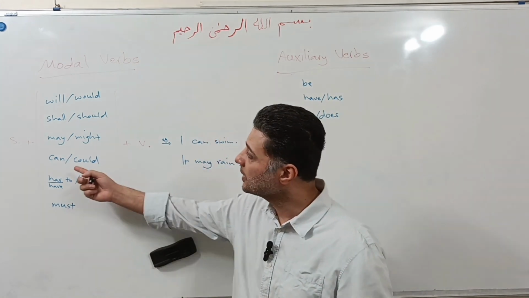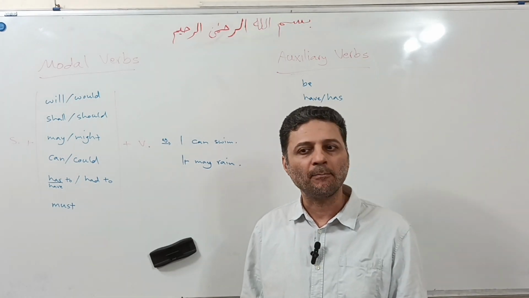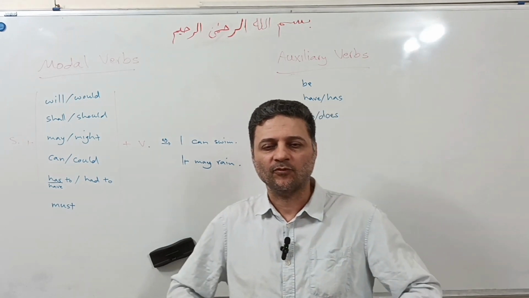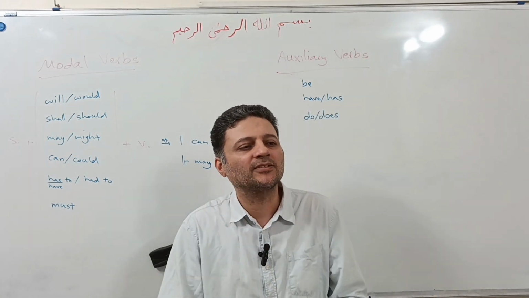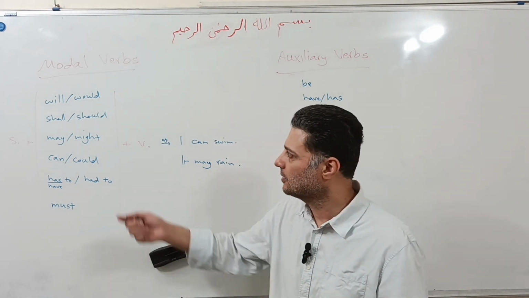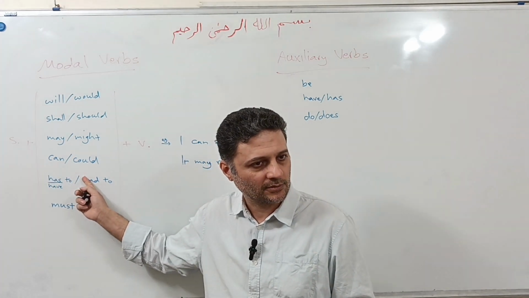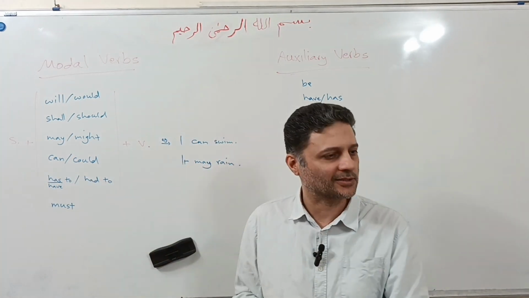And they help us, in fact, communicate our messages, convey our ideas. For example, can talks about ability. Well, if you want to talk about your ability to swim, for example, or drive or fly, you use the modal verb can or could. And they normally come in pairs.